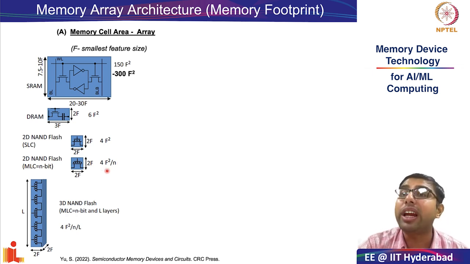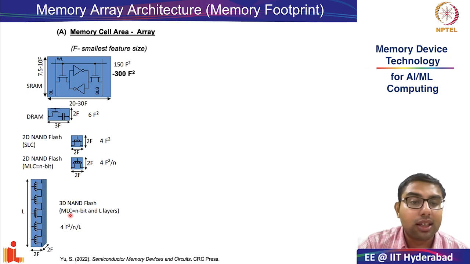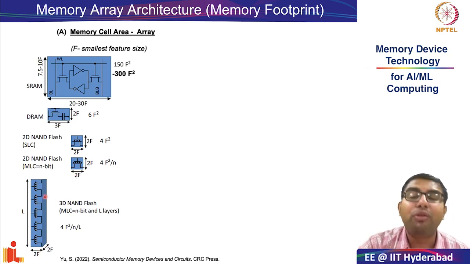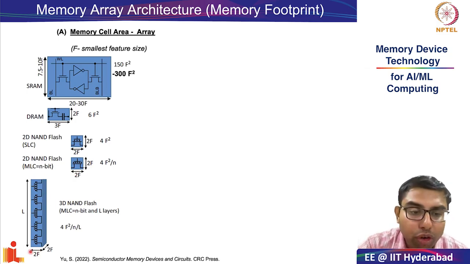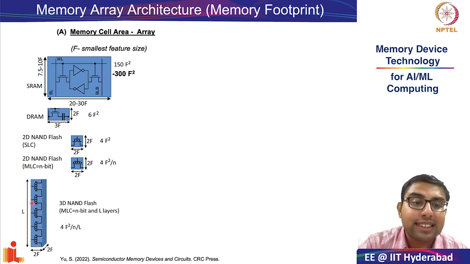Things become even more interesting when you go to 3D NAND flash multi-level cells. Here you are not only scaling in terms of area, which is f, but also doing vertical scaling. In the same footprint of 2f and 2f, you are integrating several NAND flash floating gate transistors vertically.